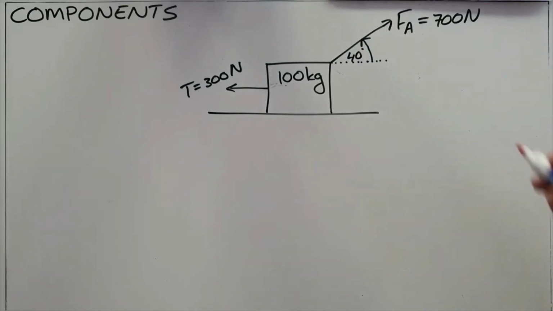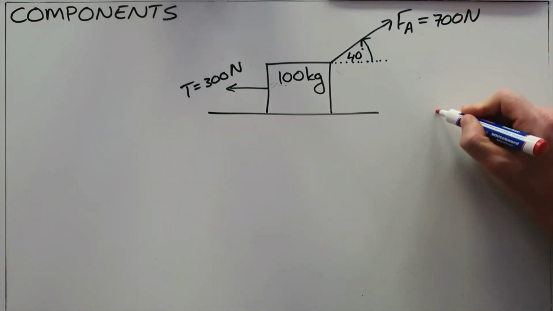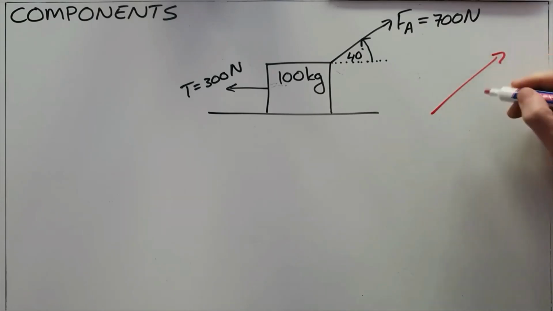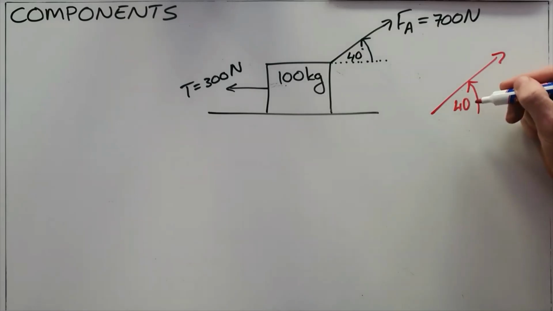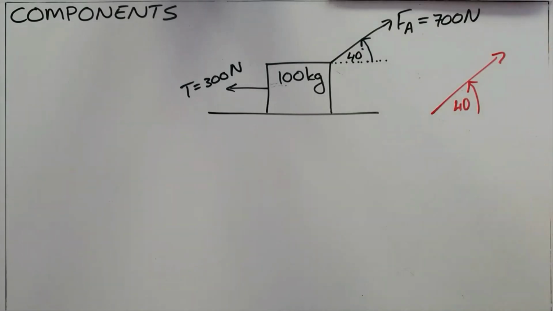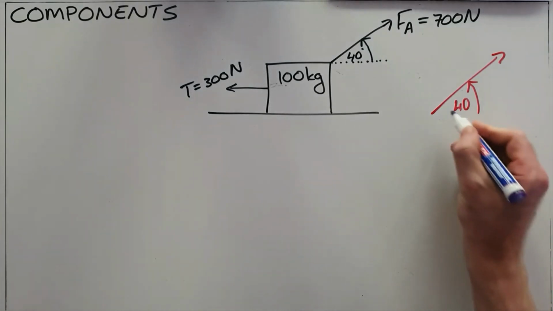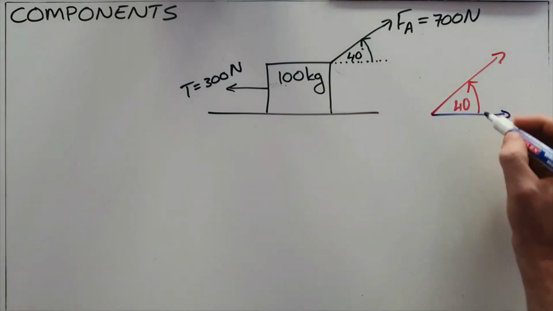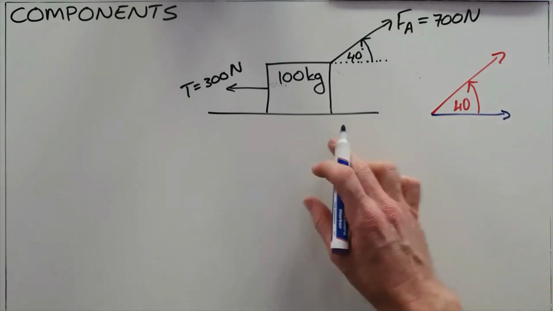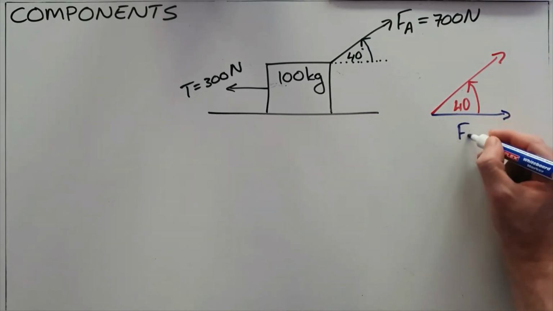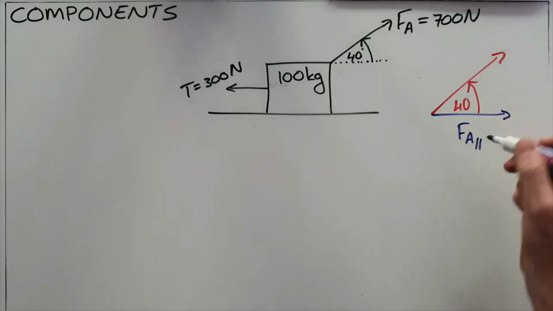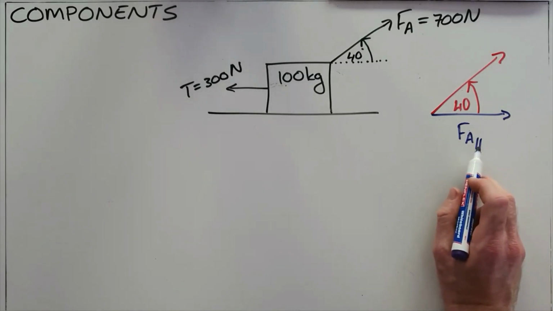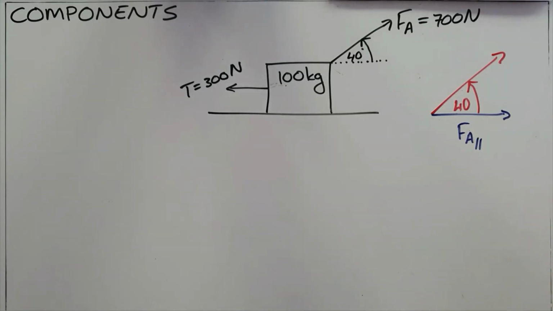The way that we do that is we can redraw this applied force over here, and we can show that this applied force has two components, meaning two forces that make it up. Those two forces are the part of that applied force that is pulling it parallel to the surface, and we can call that FA parallel, also sometimes referred to as FAX because it is acting in the X direction.